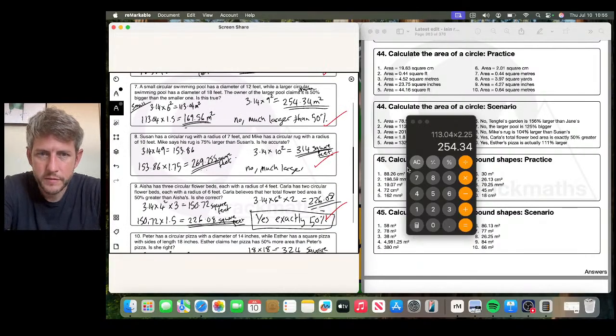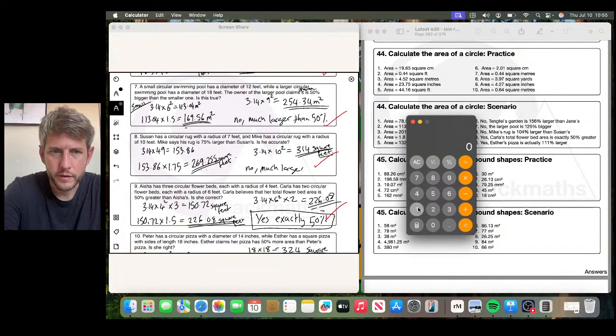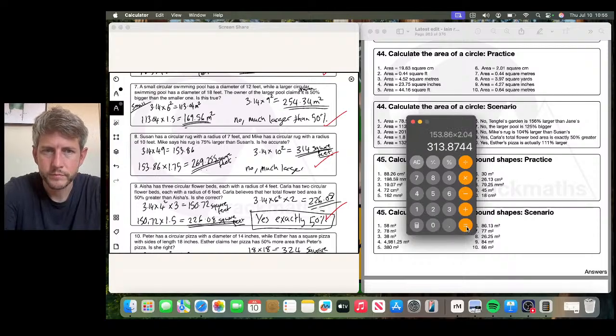So we're going to have to do 153.86 times 2.04. Yes, and that gives me 314. Yes, that's right as well.